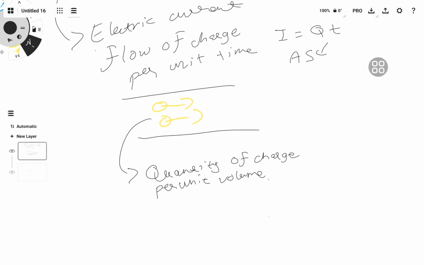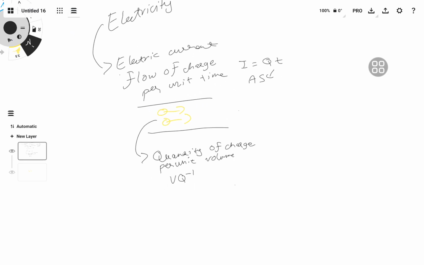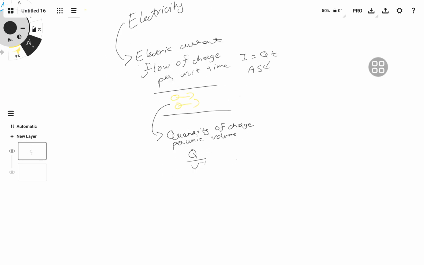This is quantity of charge per unit volume, which will be n, and its unit is m^-3, which is basically the same as mass over volume equal to rho. Similar but not the same.